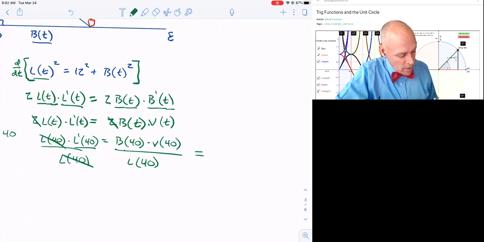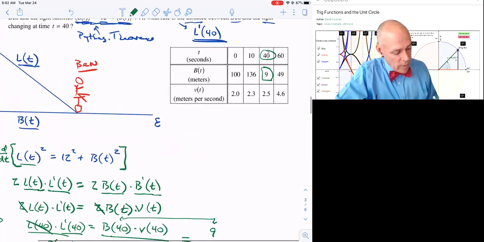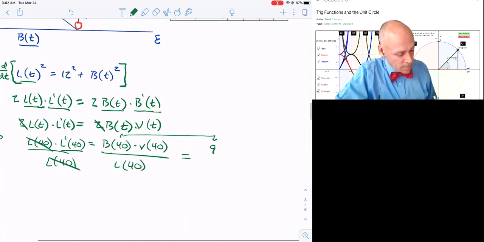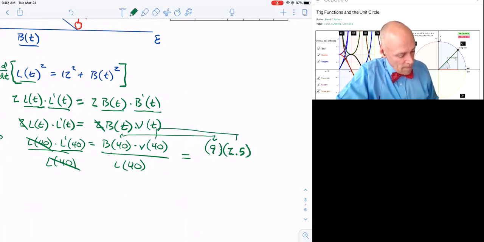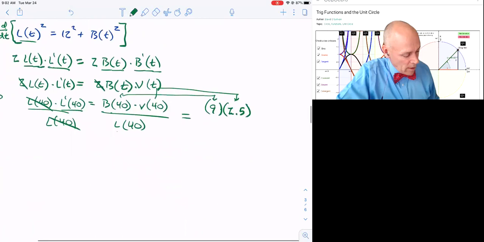So B at 40 is 9. Okay, V at 40, my table says 2.5. I'll put that in parentheses so I don't get confused. Okay, and then L at 40.